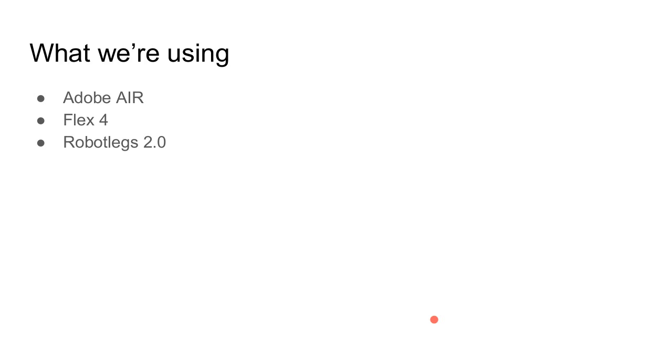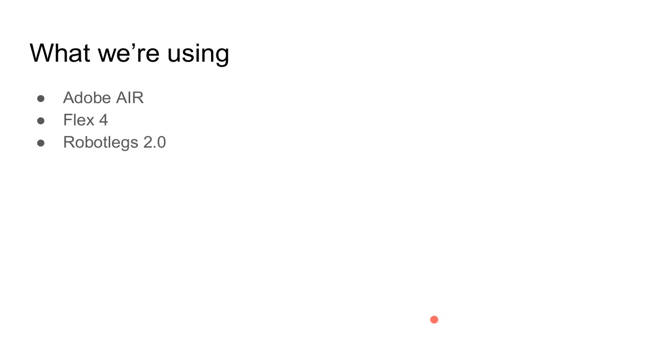So what are we using? We've settled on Adobe AIR, Flex 4, and RobotLegs. Adobe AIR mainly because it'll run on Android and iOS from mostly the same code base. You just create once and compile for many.